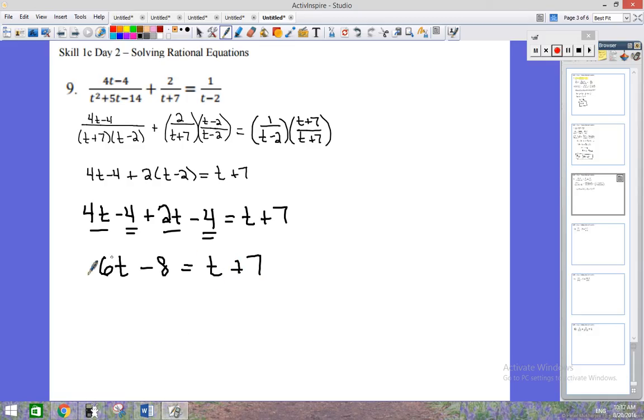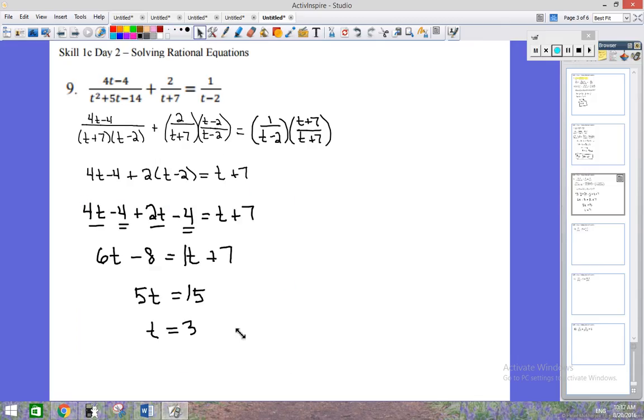Let's collect the variables on the left-hand side by subtracting 1t from each side. And let's collect the constants on the right-hand side by adding 8 to both sides. And then it should be obvious that 5 times 3 is 15. But like I say, we need to check and see if that satisfies the original equation.